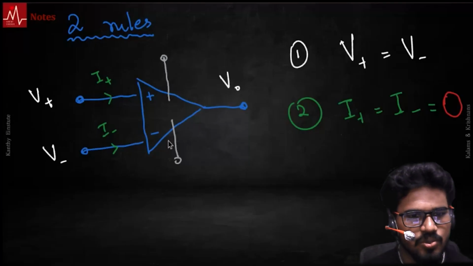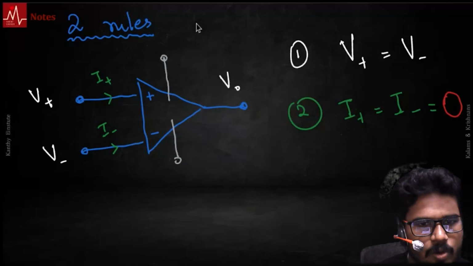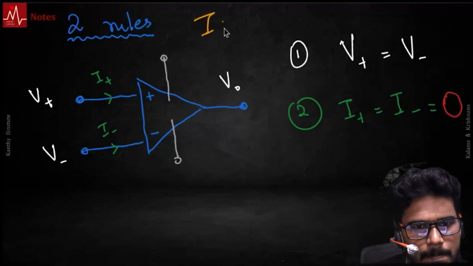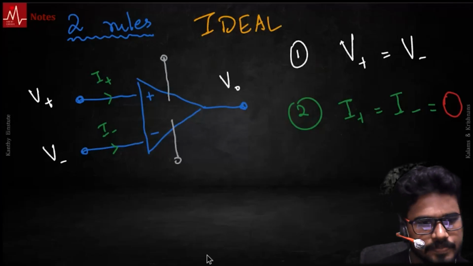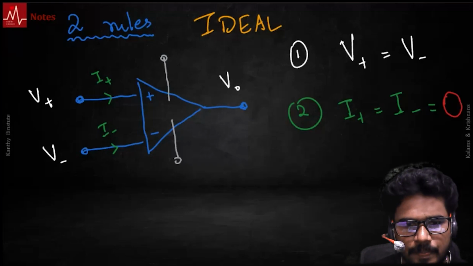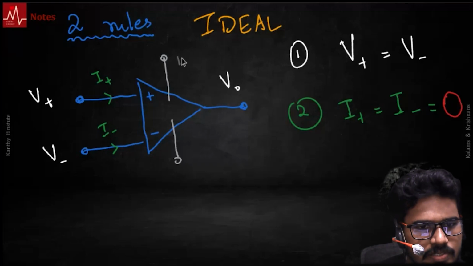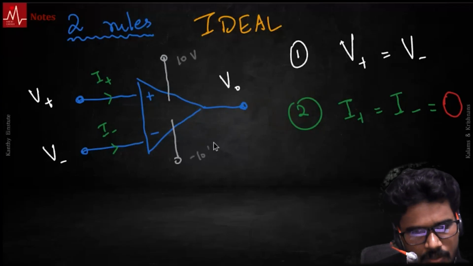And these two numbers are also not so important in case of an ideal op amp. In fact, if you look at this circuit, say this is at plus 10, this is at minus 10.